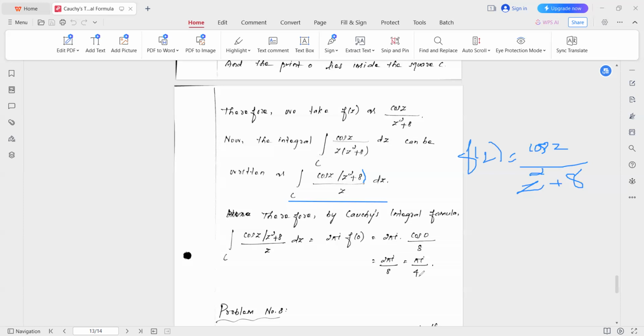If it lies outside, you can move that part into f of z, because f of z is what we can choose as we want. In the denominator part I only have z minus something, and the remaining things I have to take as f of z. So if it lies outside, I can take that part into f of z, that's all. This is the easiest method, instead of finding all the partial fractions and finding the value of the integral separately.